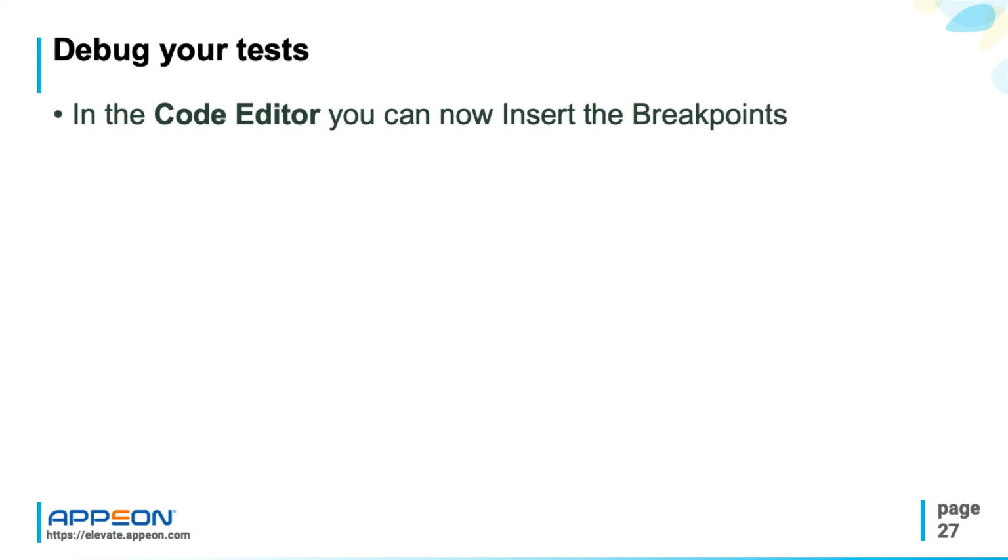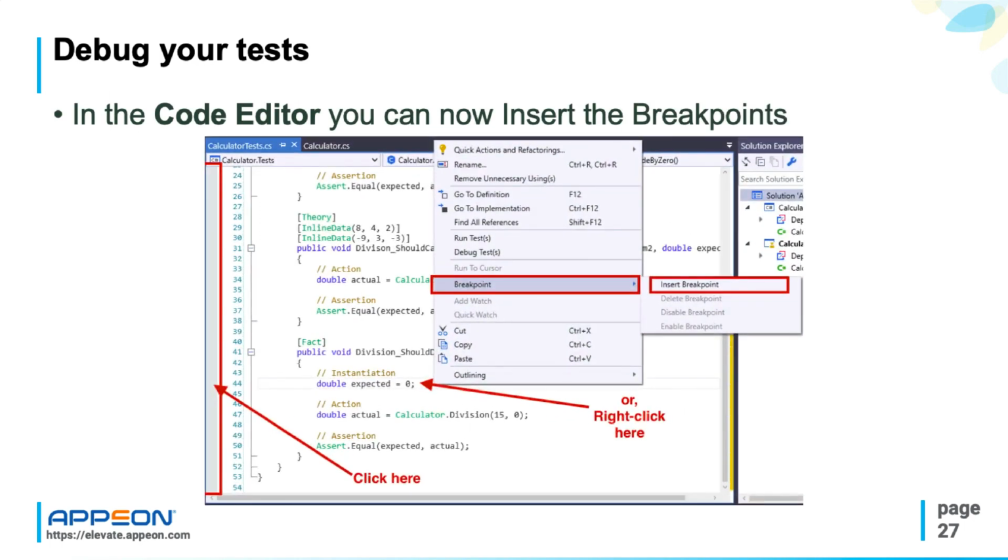Now let's look into how to debug your tests. Now that we have several tests, there may be the need to debug a test to make sure that it is actually doing what it is expected to do. This is actually quite simple. First, you need to add a breakpoint into your code. You can do that by clicking on the gray sidebar on the code editor window in the line you want to add the breakpoint to, or by right-clicking on the line of code where you want to insert the breakpoint and then selecting Insert Breakpoint.